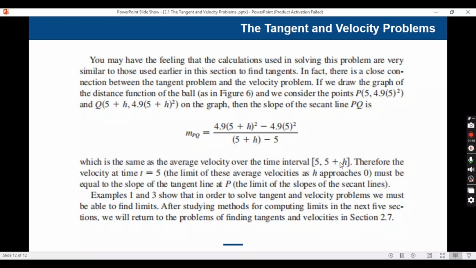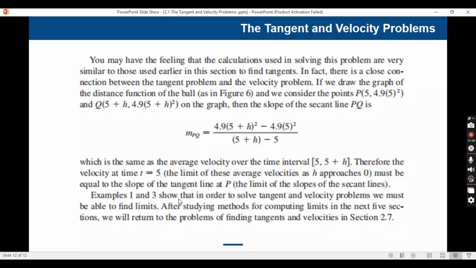So what they're trying to say is that when h approaches 0, the gradient of the secant line will be closer and closer to the gradient of the tangent line at P.